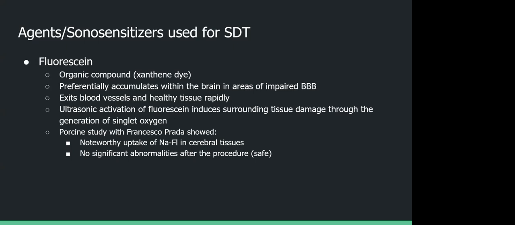The ultrasound activation of fluorescein causes damage through ROS, so through free radicals and singlet oxygen. Particularly, the study by Francisco Prada showed noteworthy uptake in cerebral tissue and no significant issues elsewhere in the body, so it's very safe.